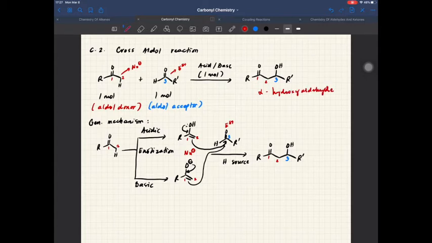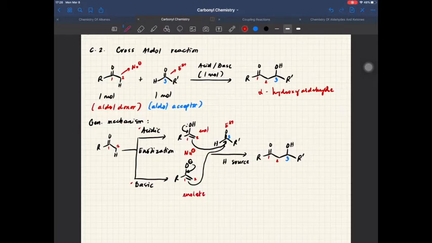Okay, the general mechanism for cross-aldol reaction is the same as that of the self-aldol reaction. The only difference is our source of electrophile. The first step of aldol reaction is always enolization. It's either through acidic enolization or basic enolization to form an enol in acidic condition or enolate in the basic condition.